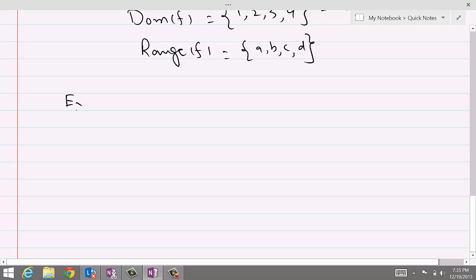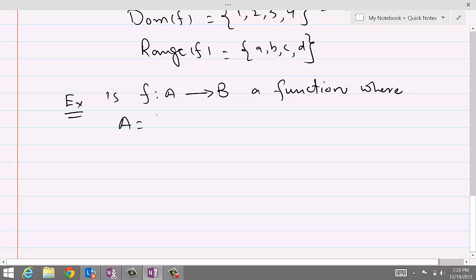In this example, we are going to say f from A to B. Is f from A to B a function? Where A is equal to a, b, c, d and B is equal to 0, 1.